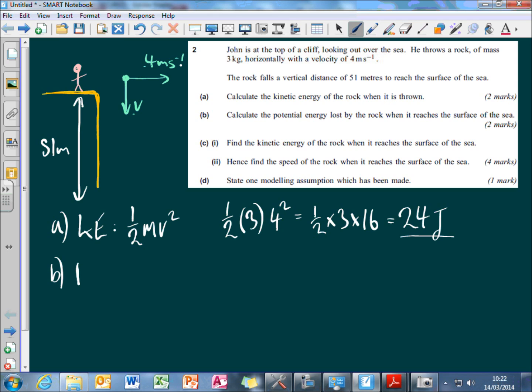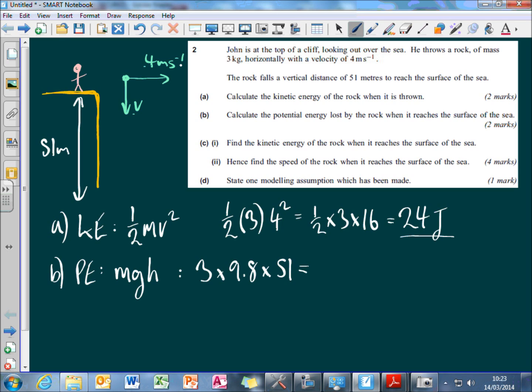So just the potential energy it's lost. It's just going to be mgh, right? So this is going to be 3 times 9.8 times the height it's fallen, which is 51.